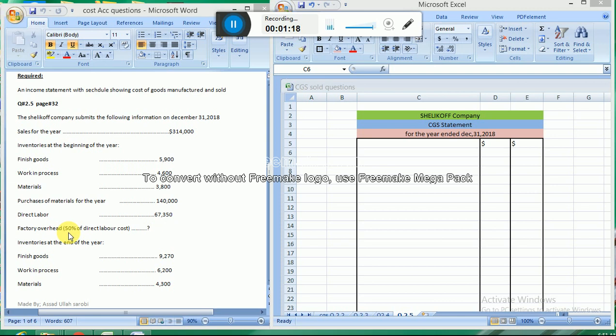Inventories at the end of the year: finished goods 9,270, work in process 6,200, and direct material 4,300.